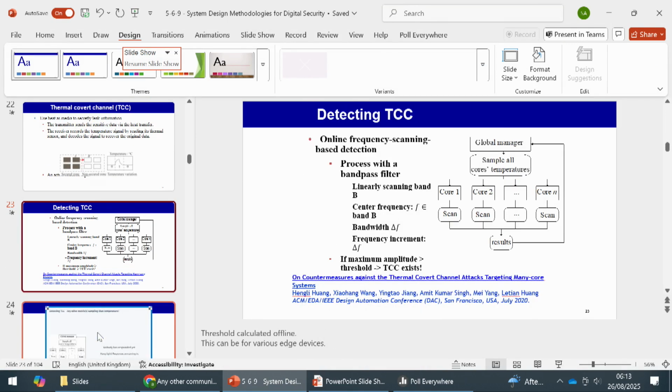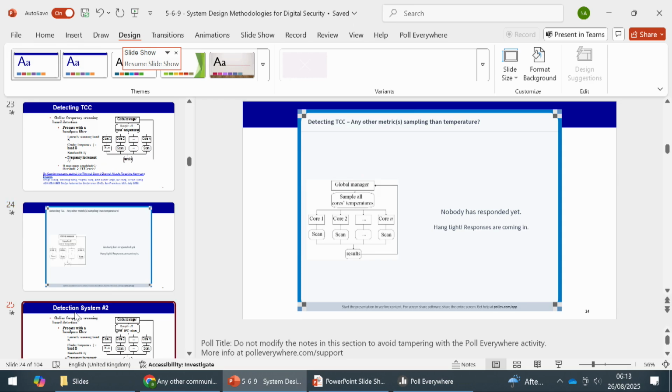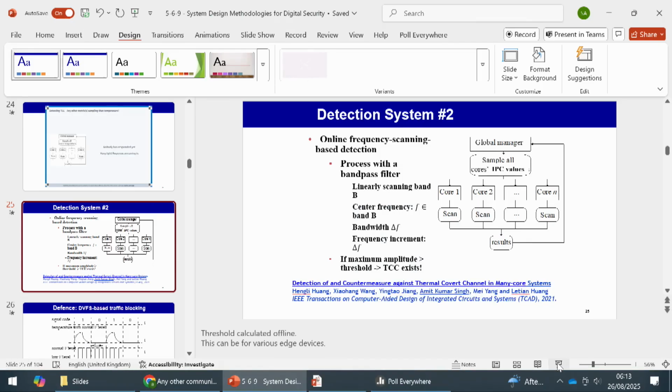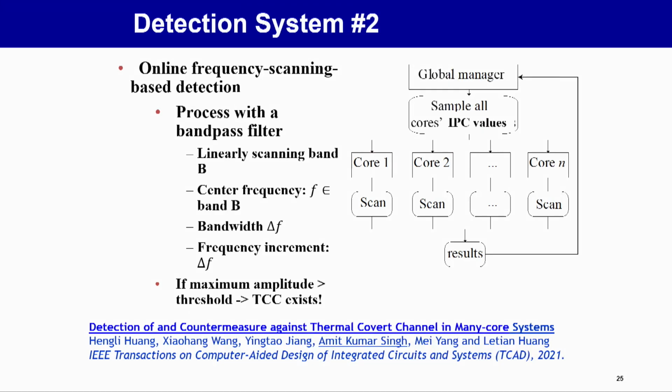We have seen this one. Now let me tell you, just a second, I think it's loading. So we developed another system. Here you can see we are not using temperatures, we are using the IPC value, instructions per cycle.